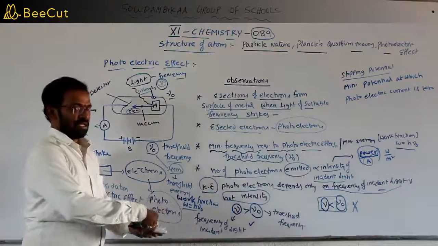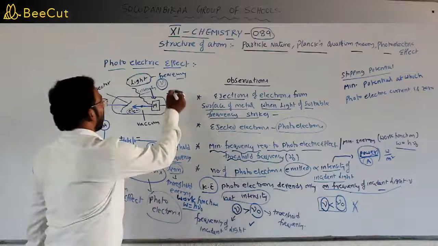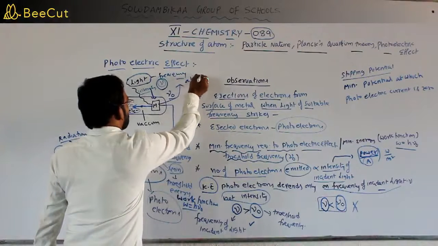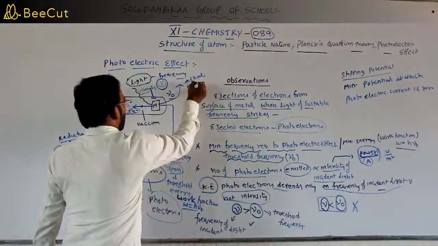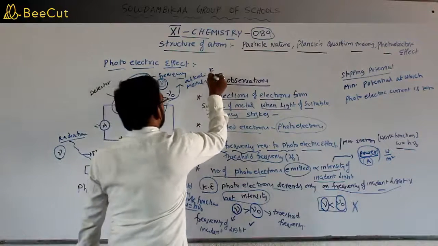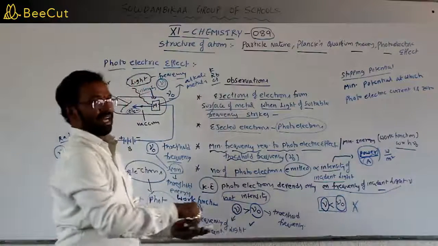There are no photoelectrons. And one more important point: the metals generally used here are, for example, potassium, rubidium and cesium, which are the best metals you can write.